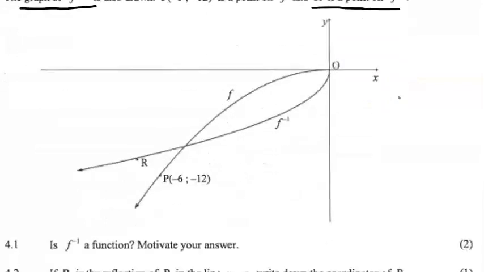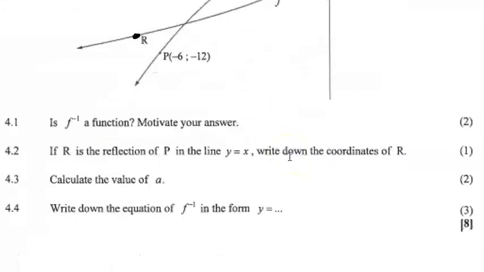So let's go and look at this particular graph. Everything is here. There's the graph of f. This is the graph of f inverse, and if you look at the theory that we went over, you are able to see that it is very, very similar to what we've been dealing with. Now the first question that they're asking us here is: is f inverse a function? Motivate your answer.